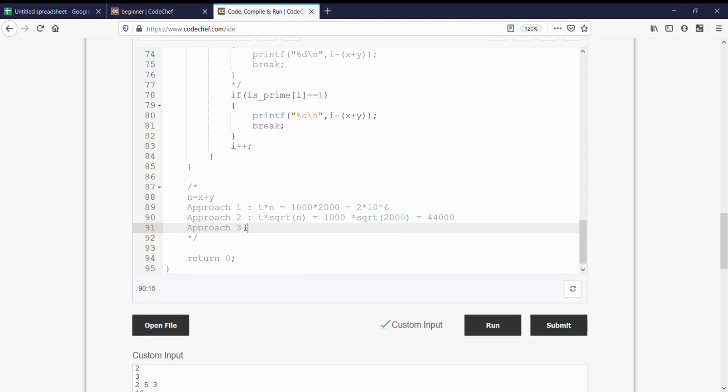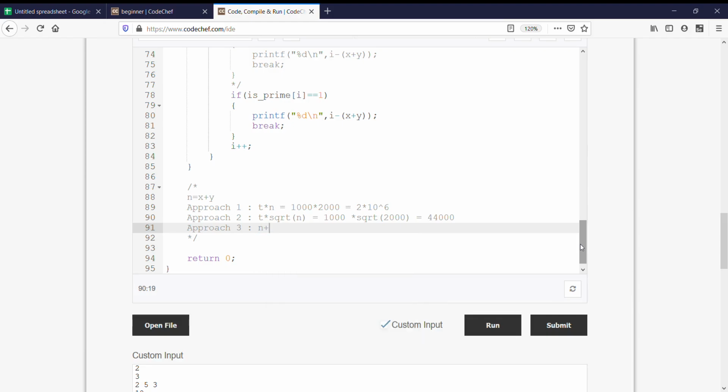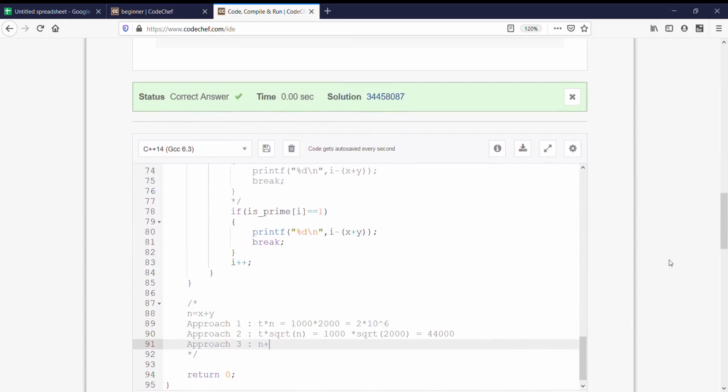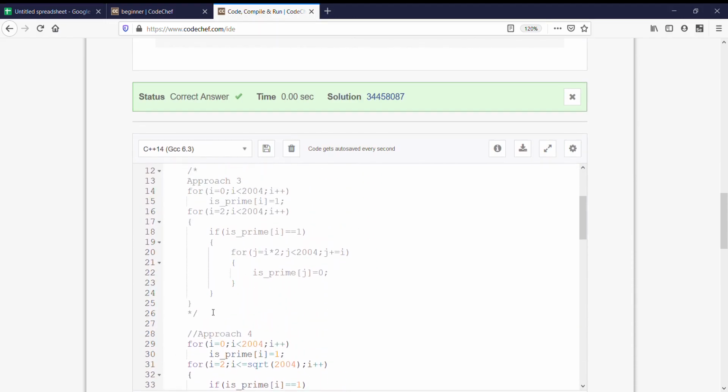There is already a vast difference between approach 1 and approach 2 itself. In approach 3, first we mark all the numbers till 2004 as prime, and then we separately execute this. It looks like n square complexity, but if the number is prime, then only this loop executes, and there are approximately only 300 prime numbers within 2004.